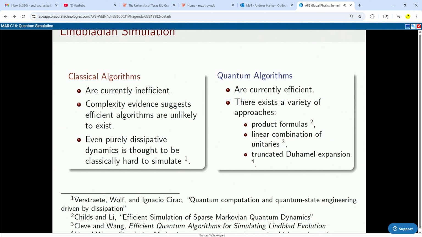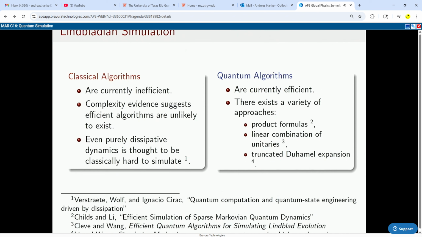This is due to the fact that simulating Lindbladians is complete for the complexity class BQP. And even if we restrict to the case of only dissipative dynamics, so we only have a dissipator, then this problem still ends up being BQP complete. So even purely dissipative dynamics is thought to be hard to simulate.